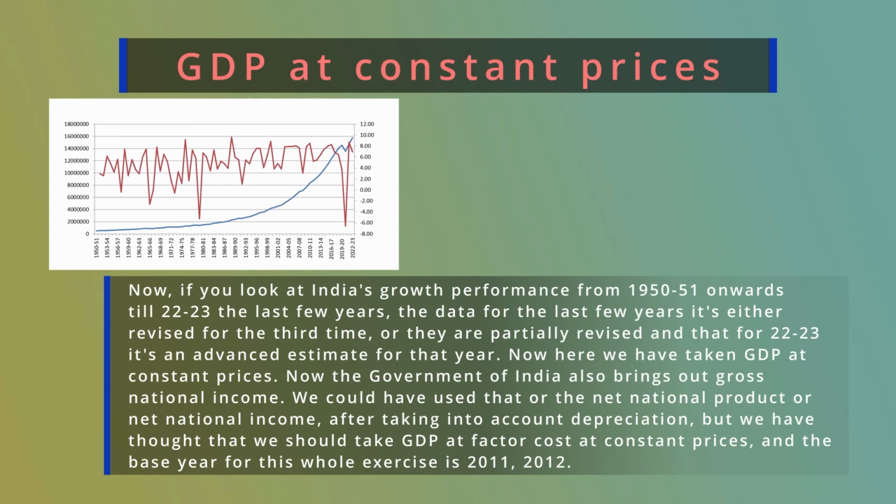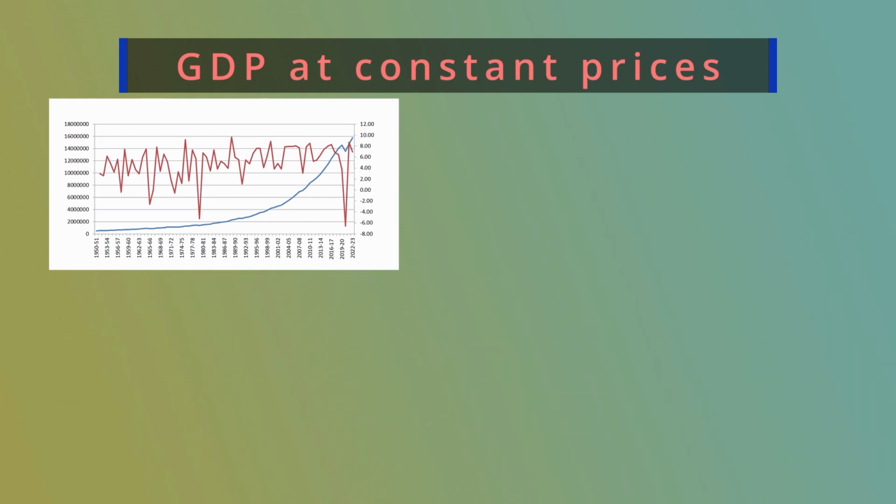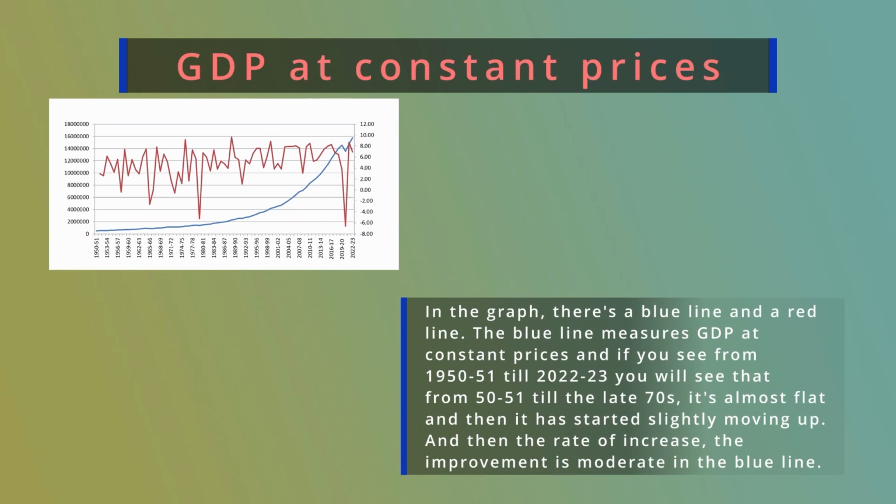The government of India also brings out gross national income, and we could have used that, or the net national product or net national income after taking into account depreciation. But we thought we should take GDP at factor cost at constant prices, and the base year for this whole exercise is 2011-2012.